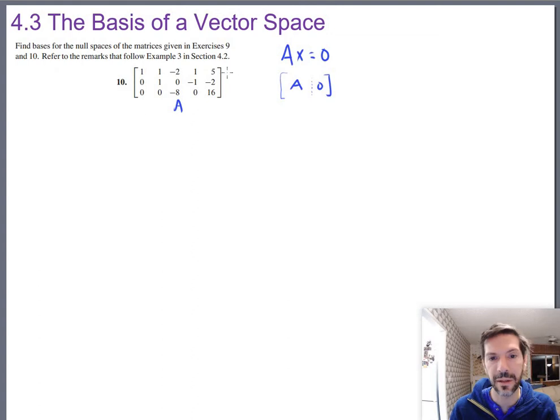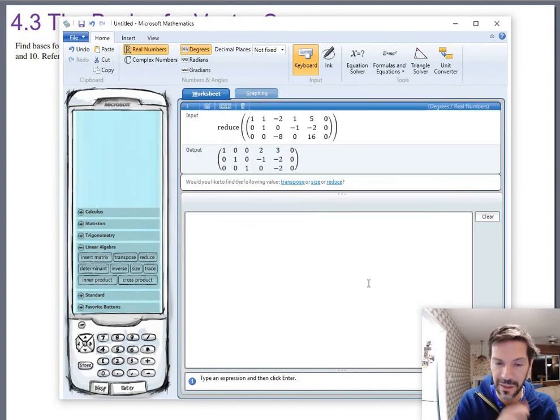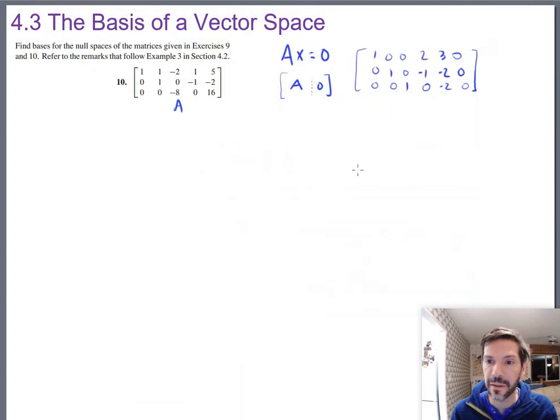So augment A with a column of zeros, go ahead and reduce that and see what we get, which is this. We need to take that and find a description for the vectors that solve Ax equals 0.